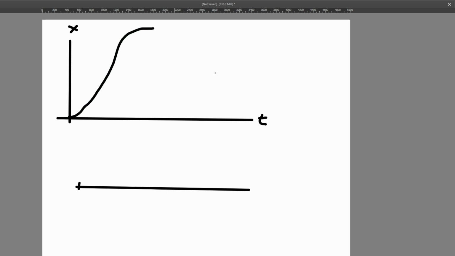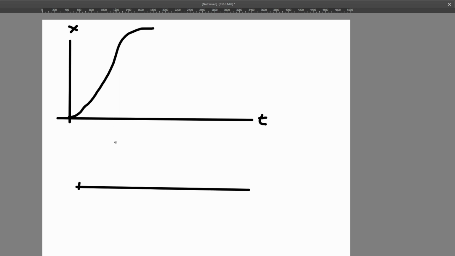Now, as you can see, this graph tells us information about the car's movement. First of all, it shows us what position the car is in at a given moment in time, but it also shows another thing. It shows the rate of change. It shows how the rate of change of the car evolves as time passes.